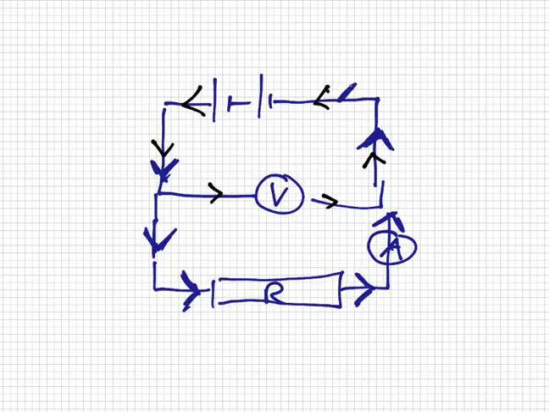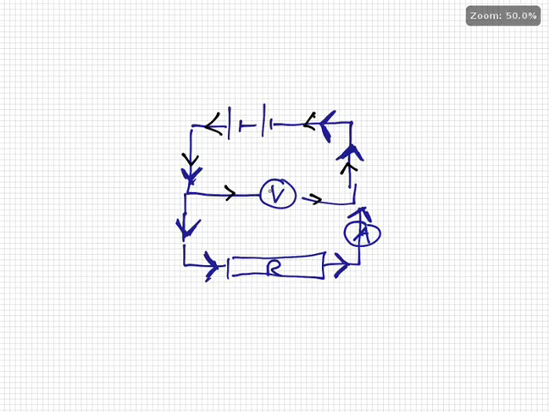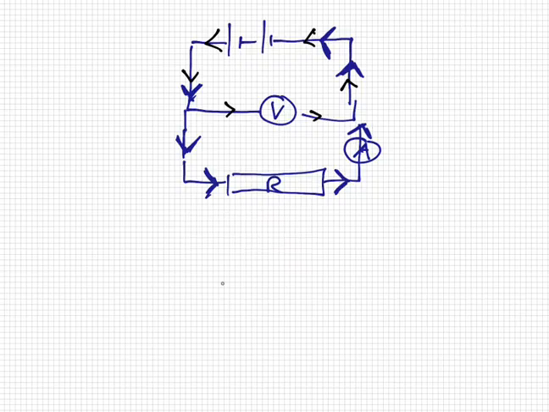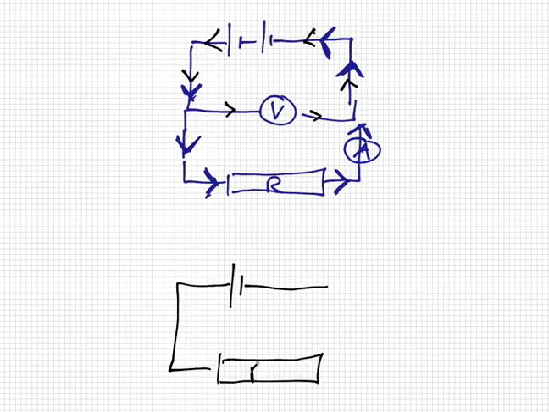Okay. Now, if you look at when the circuit is closed, can you see that it's actually the same as this diagram? You have battery, you have resistor, and then you have voltmeter.